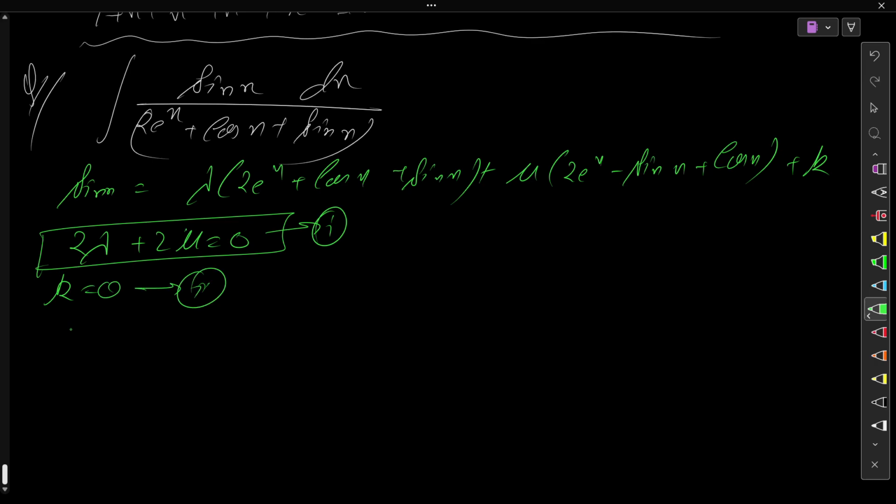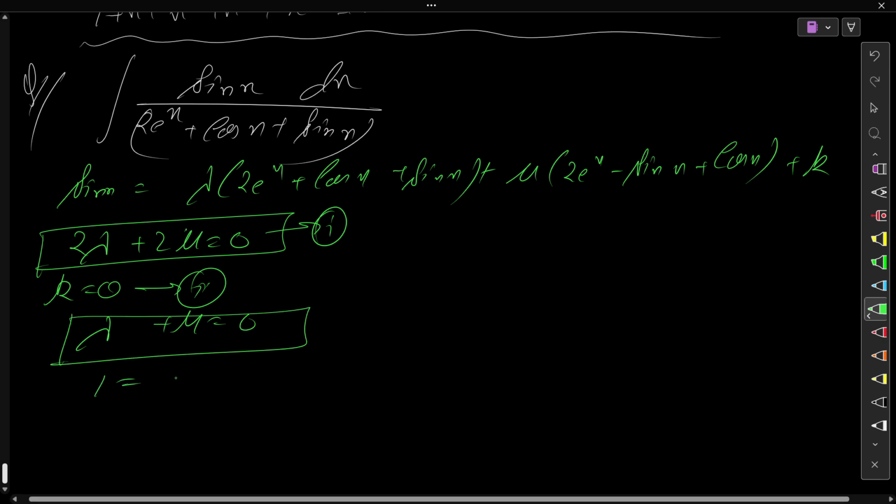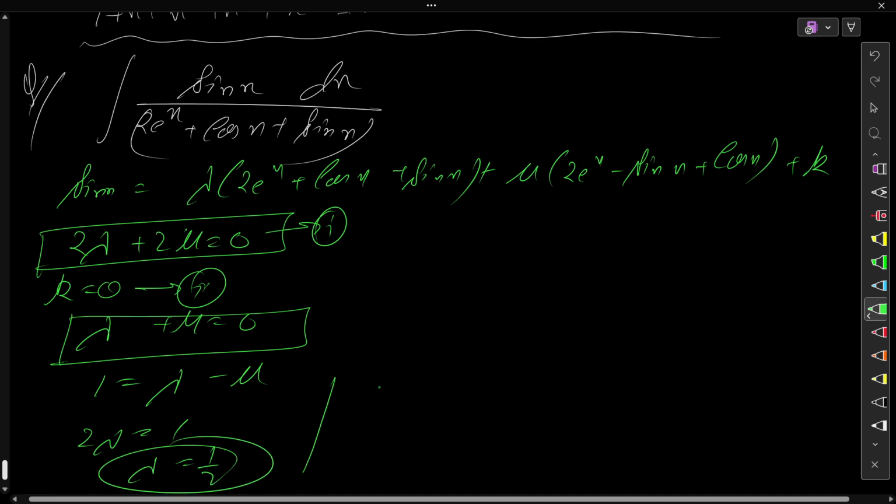And finally for cosine x, lambda plus mu should be equivalent to 0, and for sin x, 1 should be equivalent to lambda minus mu. 2 lambda should be equivalent to 1, so lambda is half and mu is equivalent to minus half.